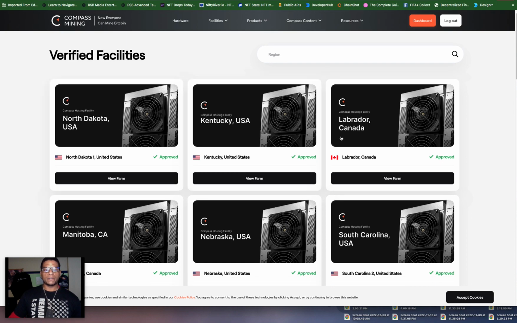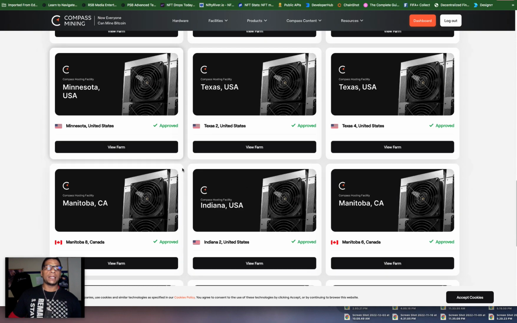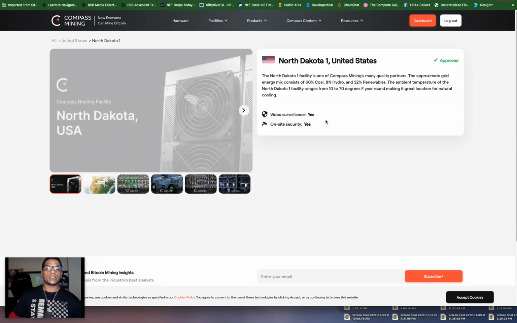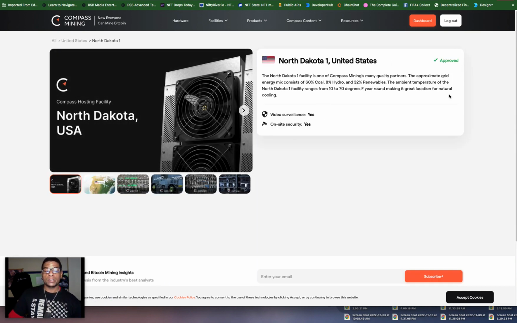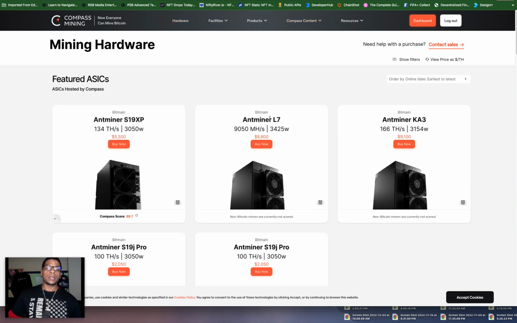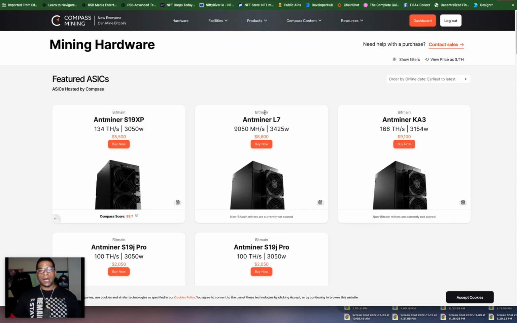You can see they have different areas throughout the U.S. and Canada, and these are various mining farms and locations. And I believe if you wanted to, you can either rent space at one of their facilities. You can even rent the ASICs. So basically, if you didn't have your own facility but you still had the capital, you can rent out their space and borrow the equipment. But I don't really recommend that, but it is an option available.